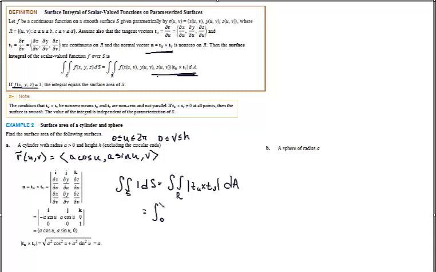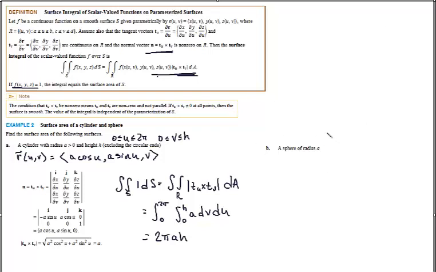So I'm going to have the integral from 0 to 2 pi, 0 to h, of a dv du, and solving that integral you will get 2 pi a h, which happens to be the surface area of a cylinder, not including the ends.